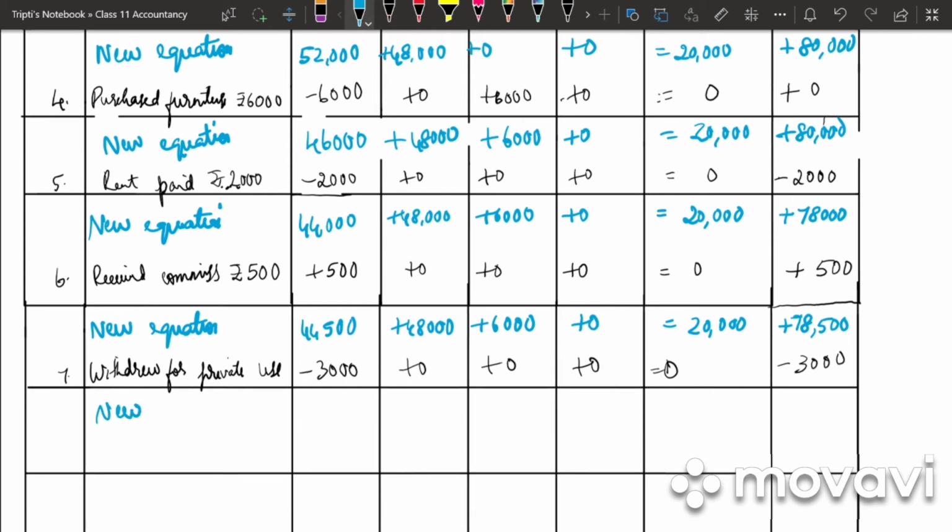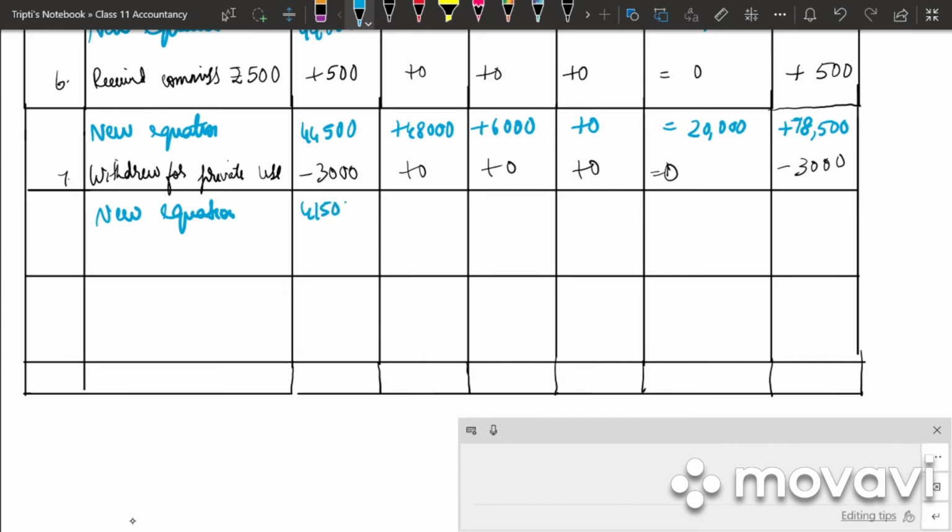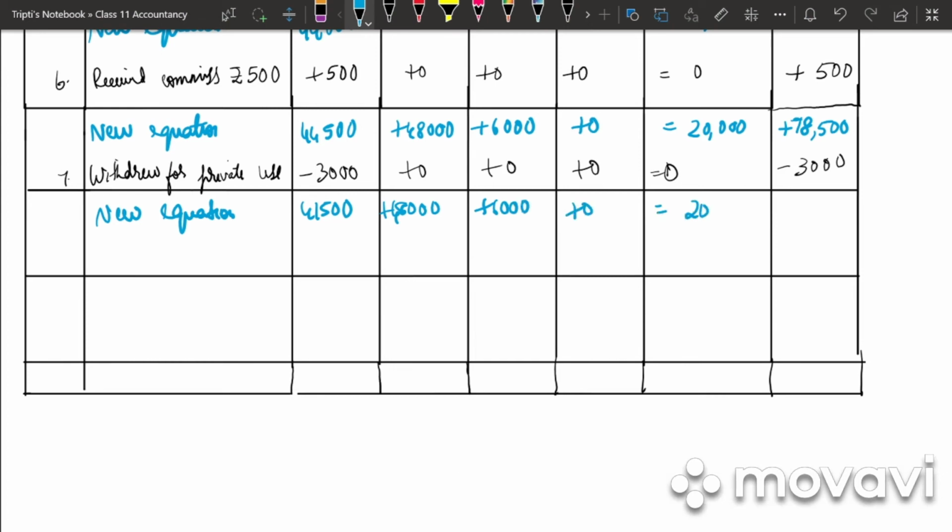Again, what is our new equation? 41,500 plus 48,000 plus 6,000 plus 0 is equal to 20,000 plus 75,500.